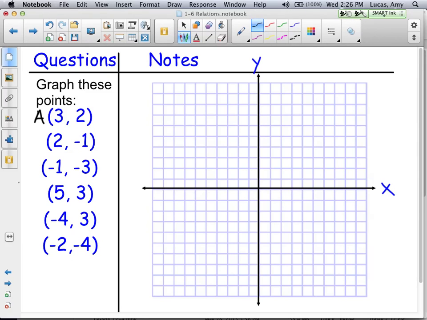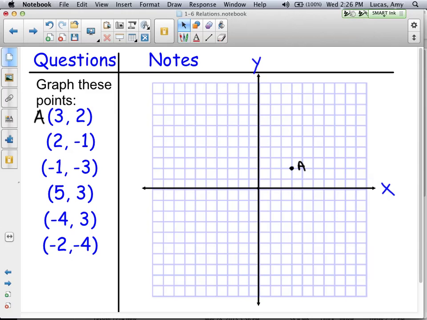The point 3, 2, if I start at the origin, the first number is 3, positive on the x-axis moves to the right. So I go to the right 3, I don't put a dot yet, I look at the second coordinate or the y value of 2, positive 2 is up 2 on the y-axis, so I put in my point right here, that location is 3, 2, and I'm going to label it with the letter A next to it.